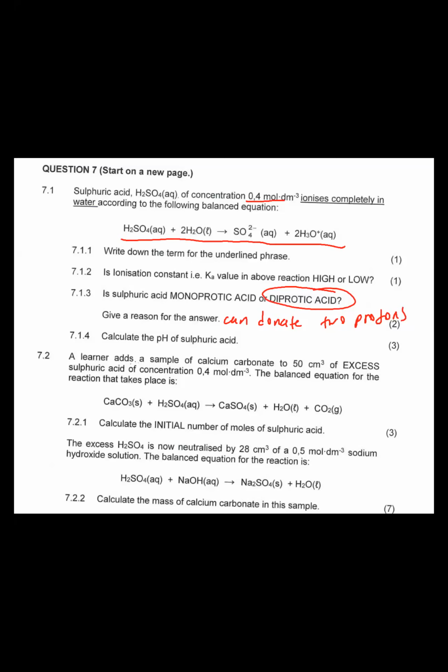This question is the same as the question that I asked, or why sulfuric acid is called a diprotic acid. It is because it produces what? 2 protons, right? So you can see here, we have 2 hydronium ions. It produces 2 hydronium ions.